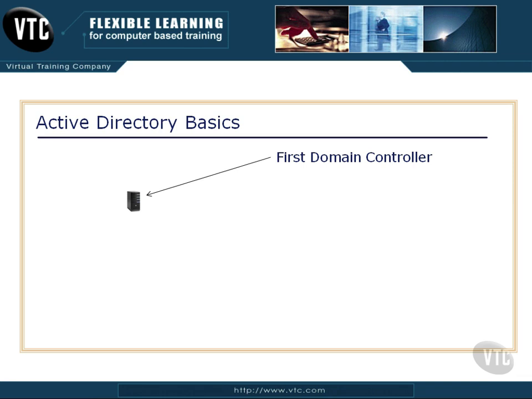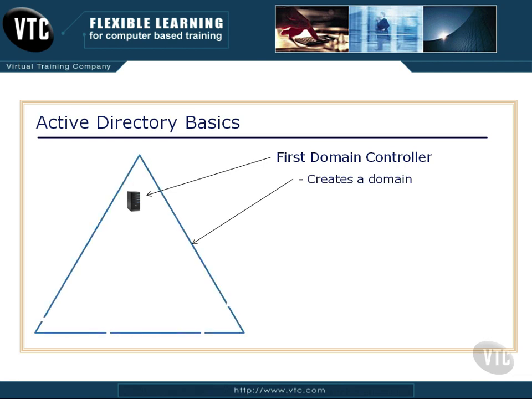When you set up and promote your first domain controller, you install a Windows Server 2012 box, you add the Active Directory Domain Services role, and then you follow that up with configuration. You basically promote it to a domain controller. That creates a domain.